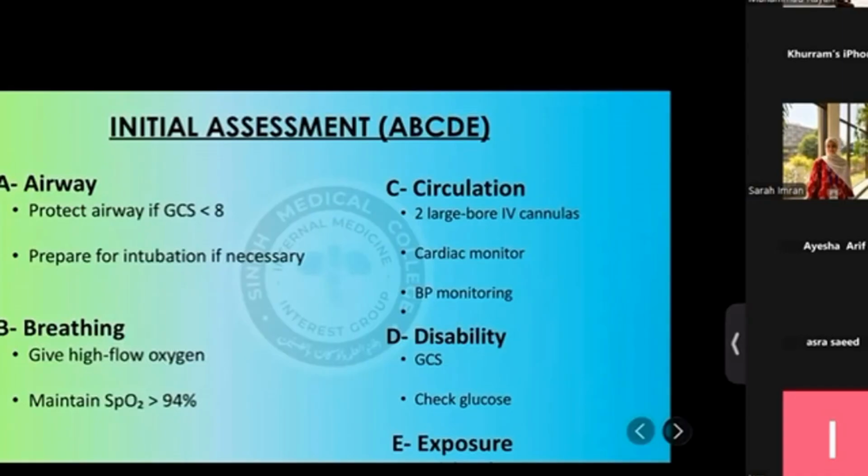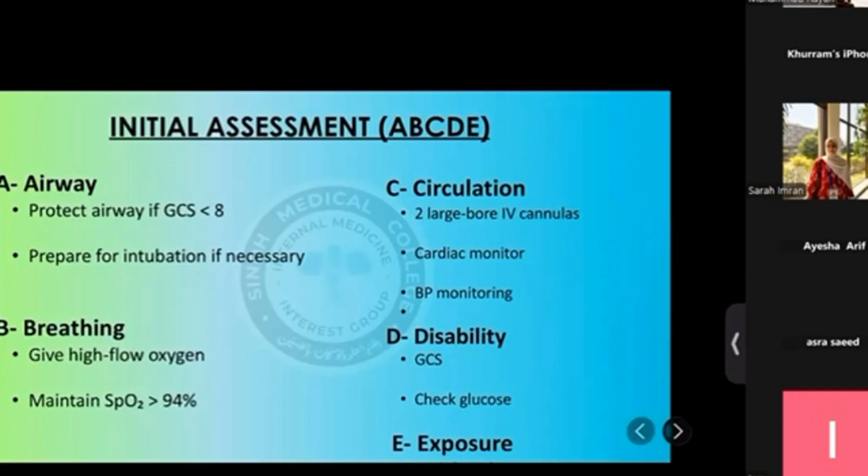So, breathing. The second part of initial emergency management, you will give high flow oxygen. Again, high flow oxygen can be given in different ways. First you go with the full oxygen mask. If on that oxygen mask the patient is not maintaining a saturation greater than 94, you can go for the non-rebreather mask with the valve open to give high flow oxygen.